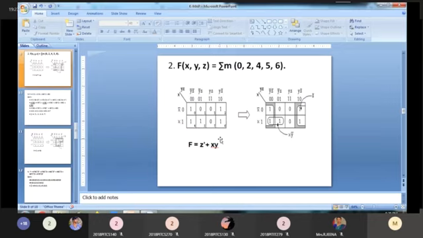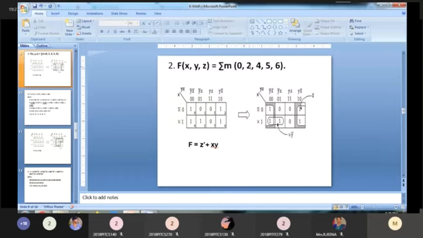Here, first you have to write the values once in these positions. So in the 0th position you have to put 1.